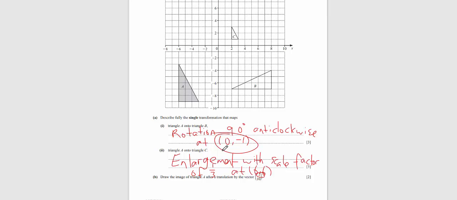Because they say 2, that means they are going to move to the right. If to the left, it is normally negative, but here we have positive 2. If positive 2, you should know they're actually moving to the right, to the right by 2 units.